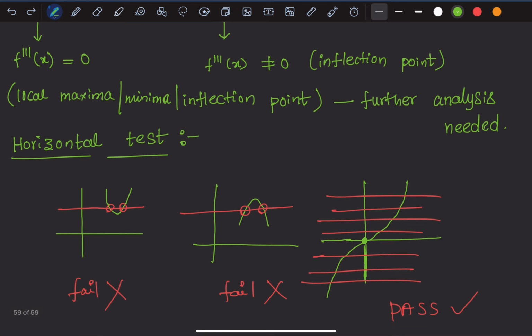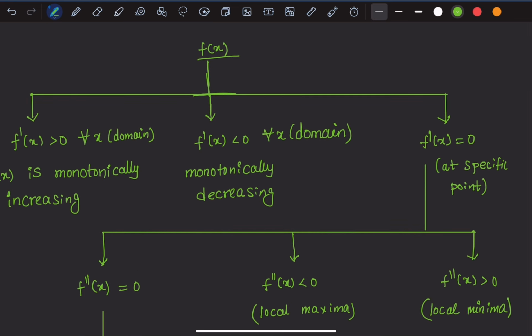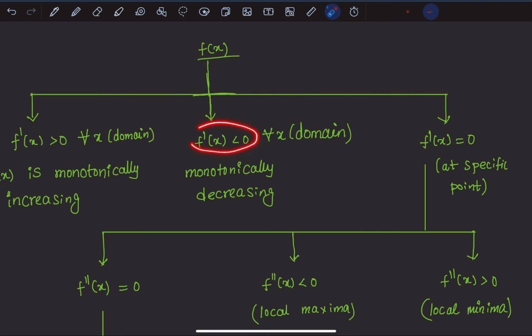Now, how do you check whether a function is monotonically increasing or monotonically decreasing? Let us say you have f of x. Then three things can happen when you find the derivative: it might be 0, it can be less than 0, or it can be greater than 0.